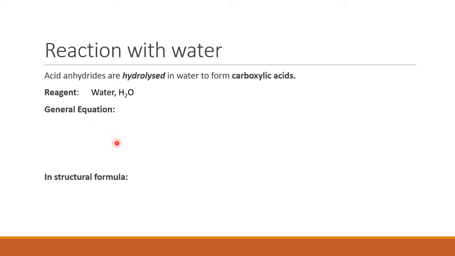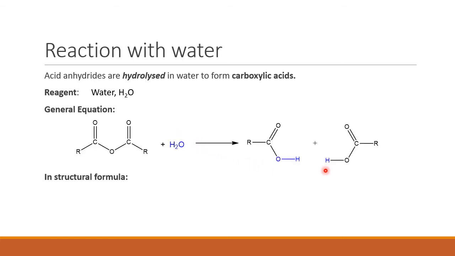Now I'm going to draw out my acid anhydride structure, I think it's easier to see, and then add the water. If you have a look at what I've had a go at, this is just a general acid anhydride, so I haven't specified which acid anhydride I'm using. I'm just using an R to represent any carbon chain.